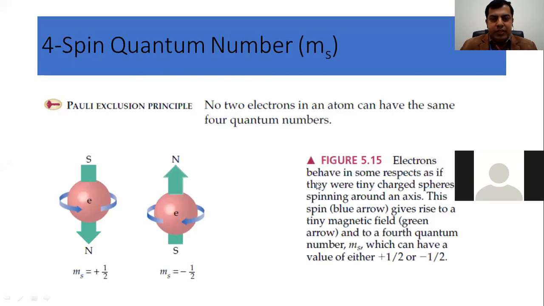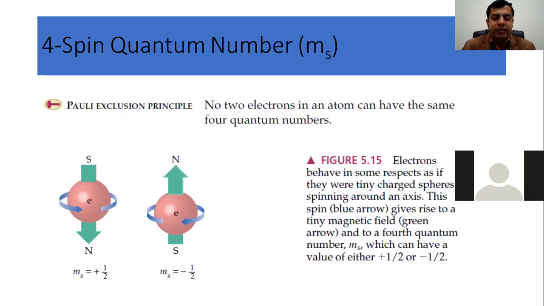So after finishing this quantum number, we will move to the electronic configuration, because the knowledge you are getting from all these four quantum numbers we will be using to place the electrons in the relevant orbital.